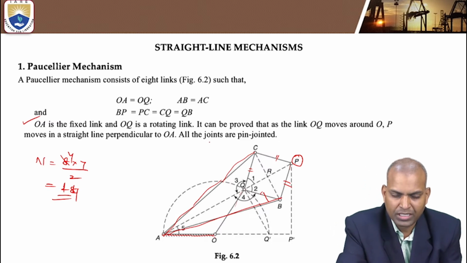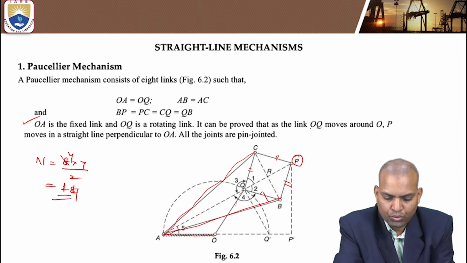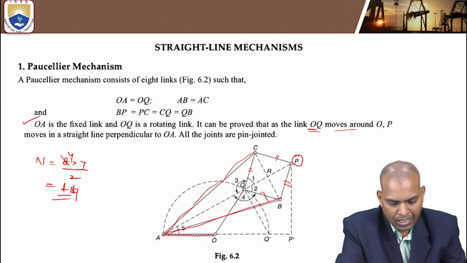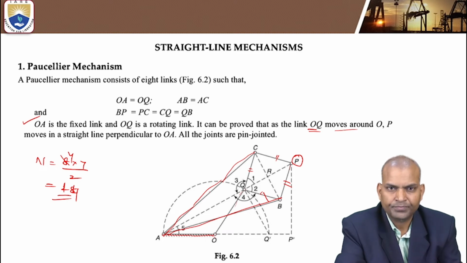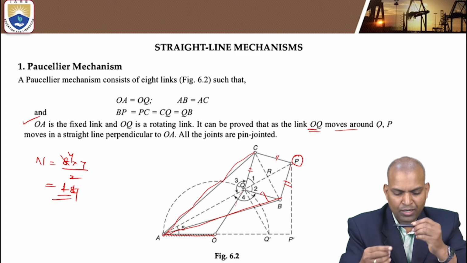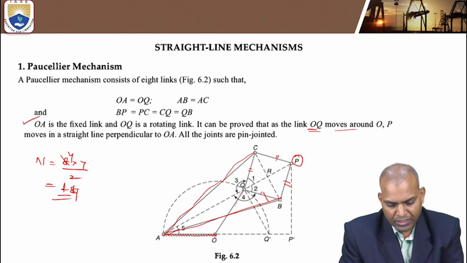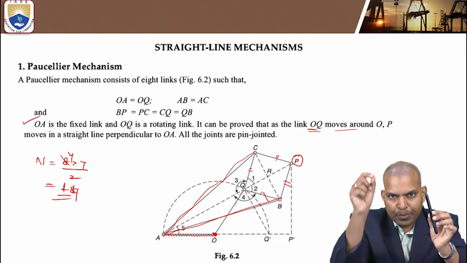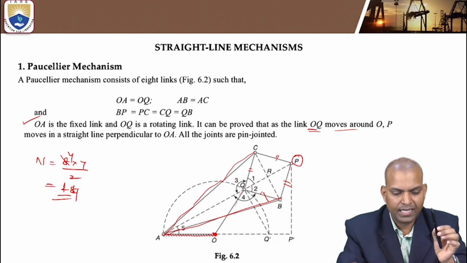So it can be proved that as the link OQ moves around O, the fixed point, P gives a path that is a straight line.